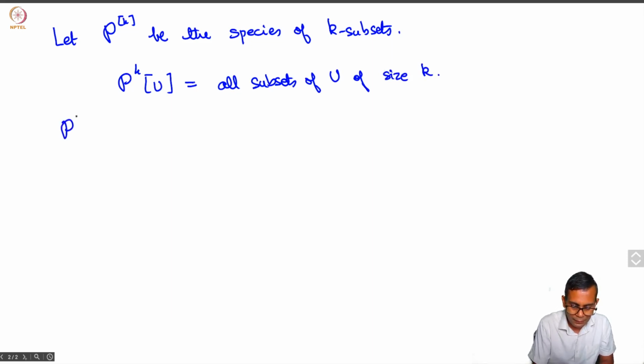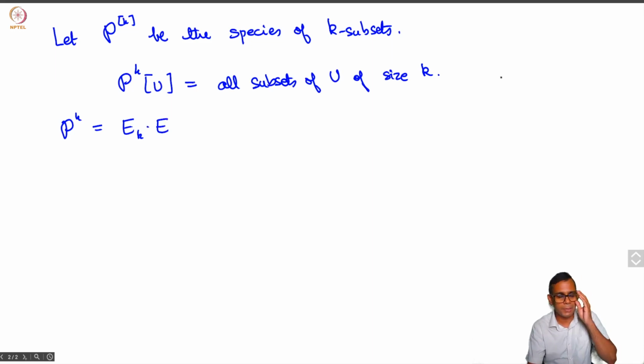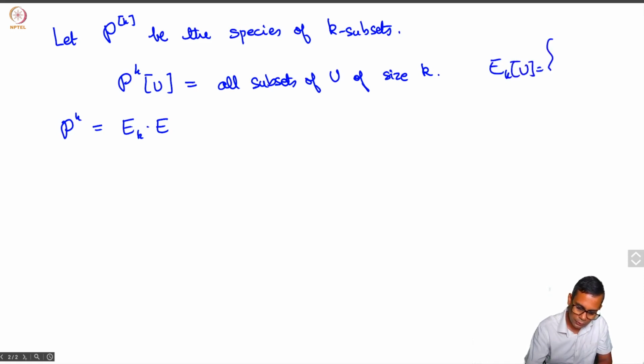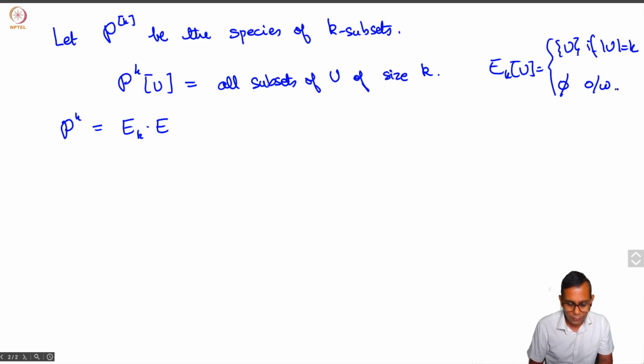I claim that P_k is E_k times E, where E_k I'm using the standard notation. If F is a species, F_k is the species where it gives F of U if U has cardinality k and gives the empty set otherwise. So E_k of U gives just singleton U if the cardinality of U is k and gives the empty set otherwise.